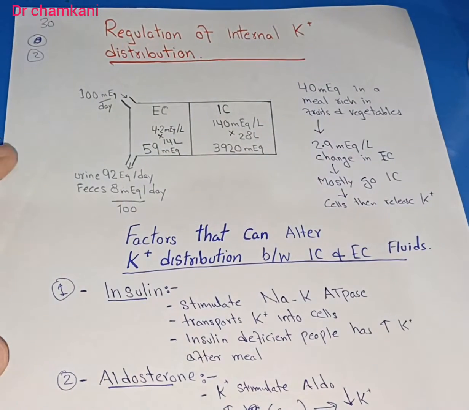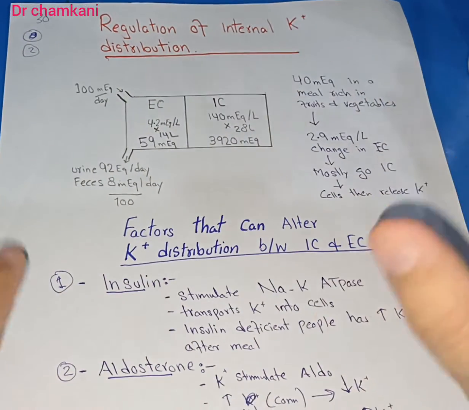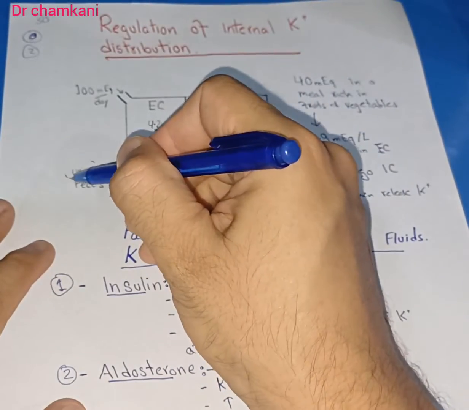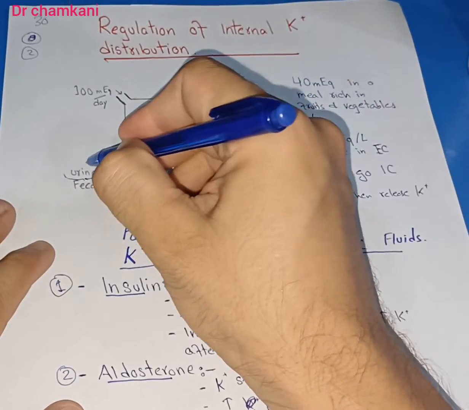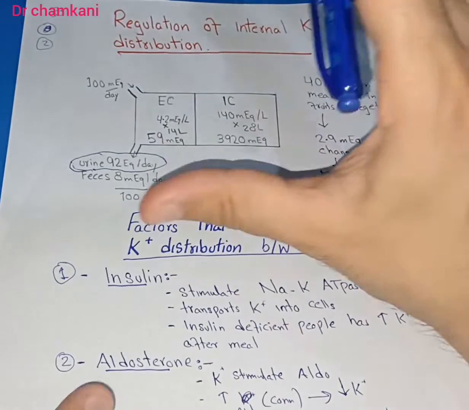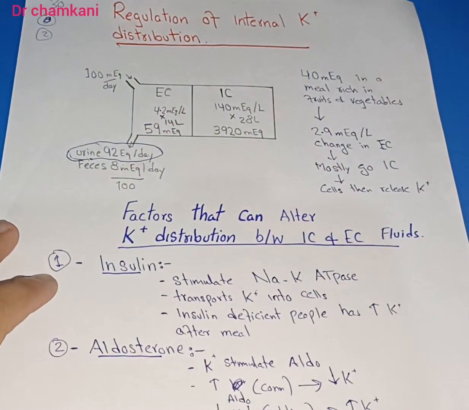That's why we are very concerned about the renal regulation of potassium with the help of the kidneys. This is the average 100 milliequivalent that we consume, which may vary from 50 to 200.